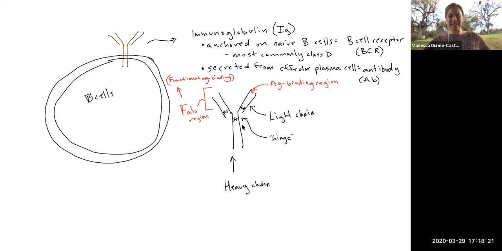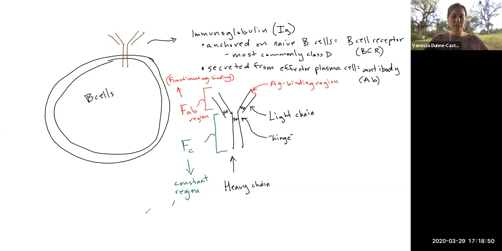The bottom portion here is called the constant region, or Fc, the functional constant region. The constant region is really important in binding to the surface of white blood cells.